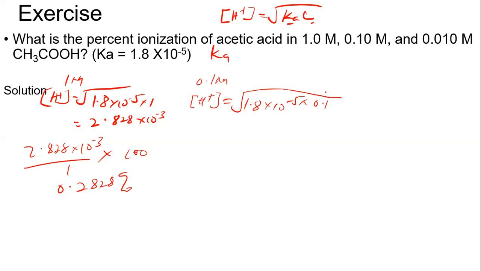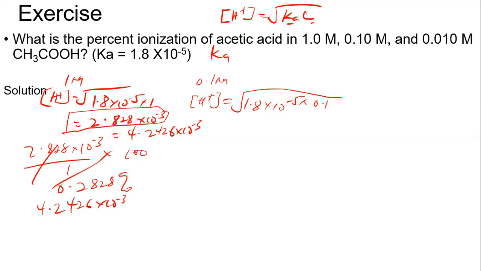Sorry, so the value here is supposed to be 1.342 times 10 to the power -3. So my percentage should be 1.342 times 10 raised to the power negative 3 all over 0.1 times 100, right? And that should be 1.342%. Very simple.